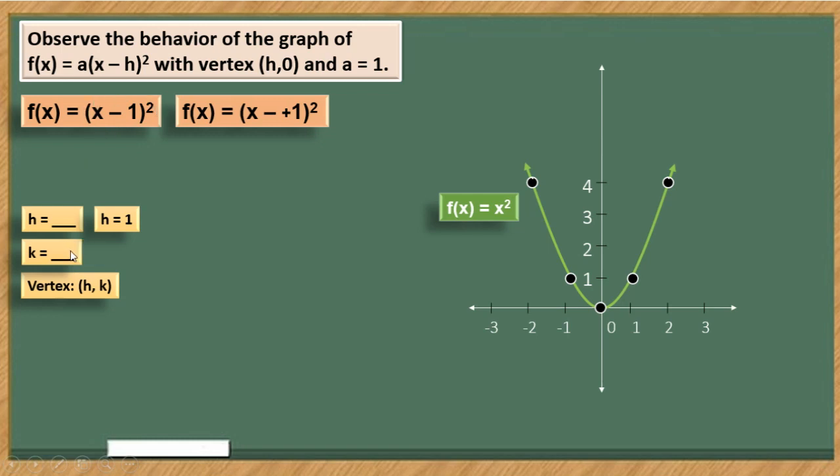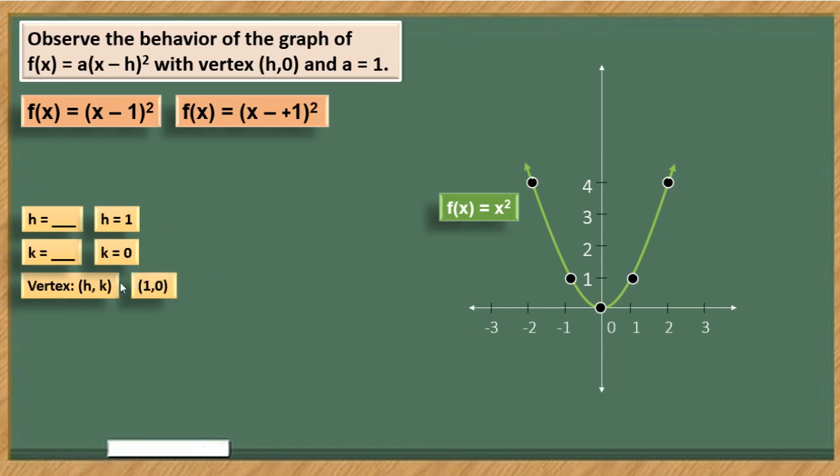So therefore, k is equal to 0. Therefore, what is its vertex? The vertex has the coordinates h and k. So the vertex is at the point with coordinates 1 and 0.